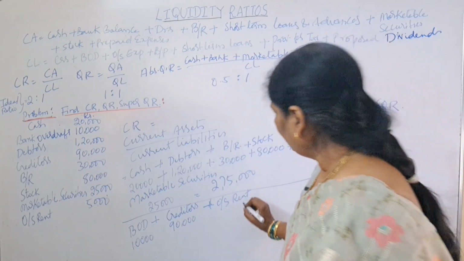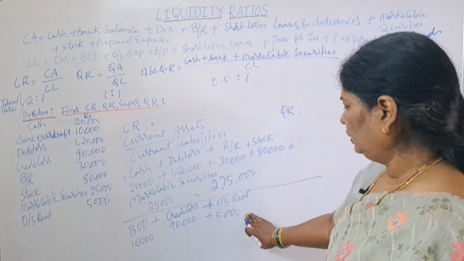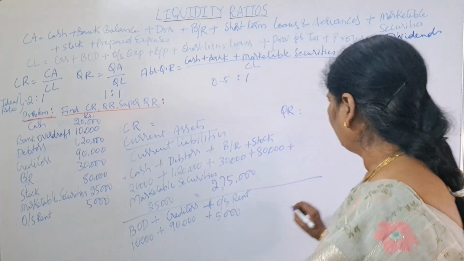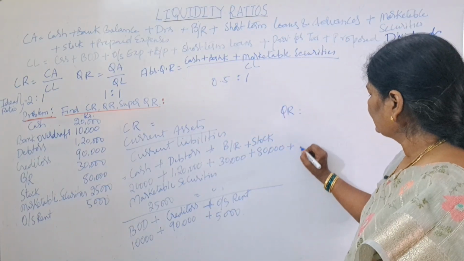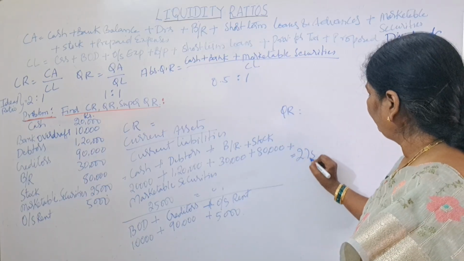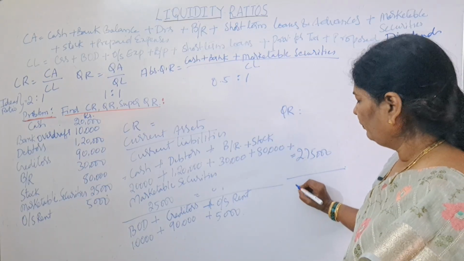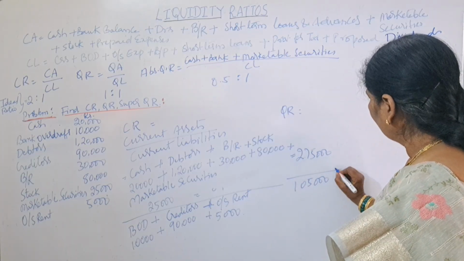What is the outstanding rent amount? 5,000. So what is the total? 10,000 plus 90,000, 1 lakh, 1 lakh 5,000. So here if you take the total, 2 lakh 75,000 divided by 1 lakh 5,000. So how much will you get?